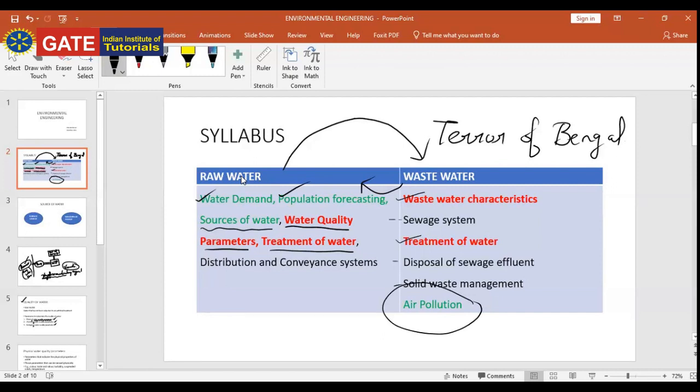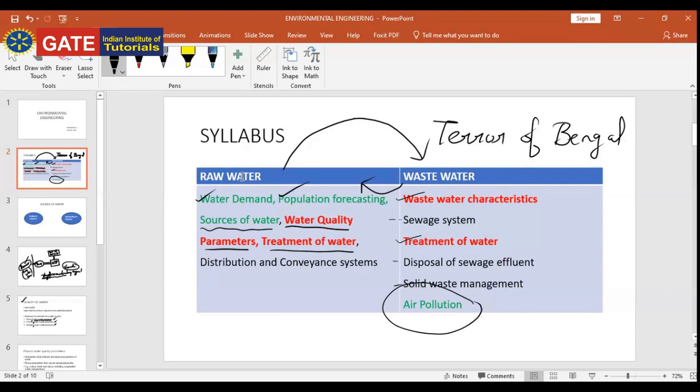Or does it have the quality to meet industrial needs? We have to analyze based upon these parameters. Such parameters are called water quality parameters. We have several different parameters to discuss. For each parameter, we'll have characteristics, limits of the values, and measurement techniques. All these things we have to study, and that becomes the most important topic in our syllabus.